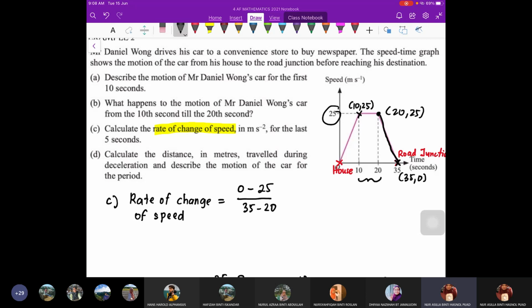Okay. So it becomes negative 25 over 15.